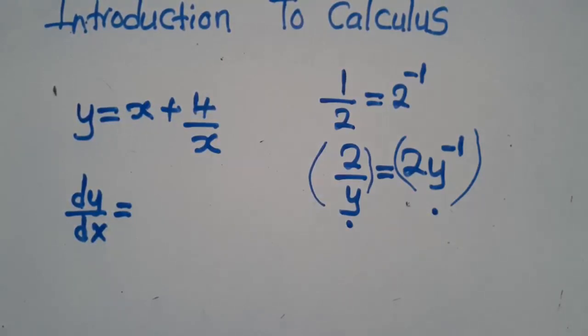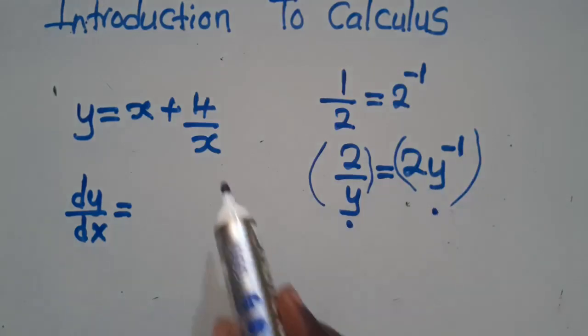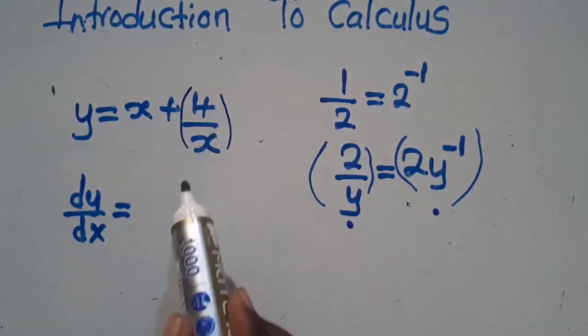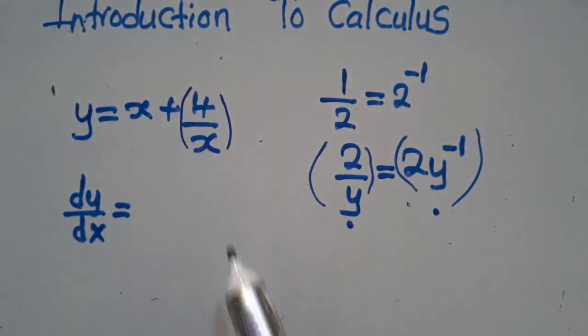I want to make you grounded in this topic such that when we move to the equation of the normal or the equation of the tangent, you are going to be very fast on that. So now here, these two are just the same. In a case where you're given something like this, you need to make sure that the variable is on top.